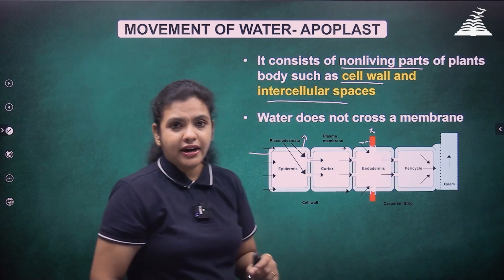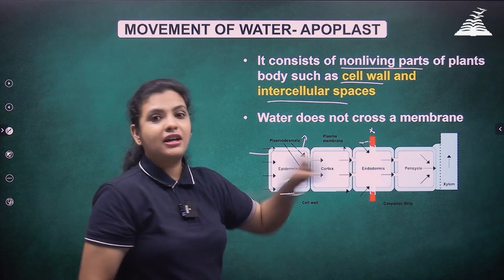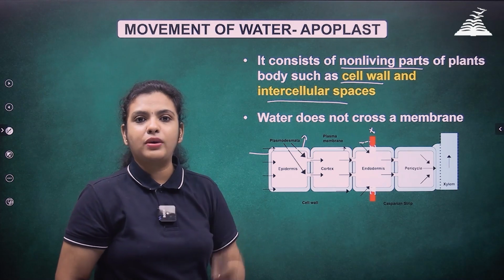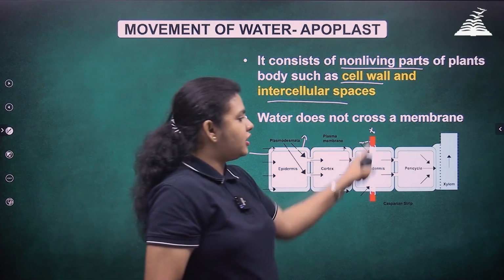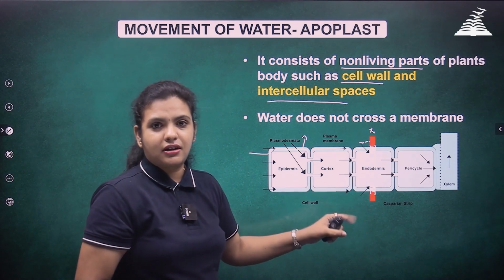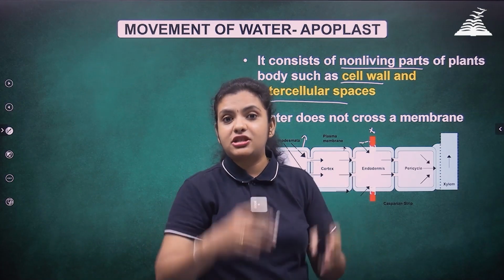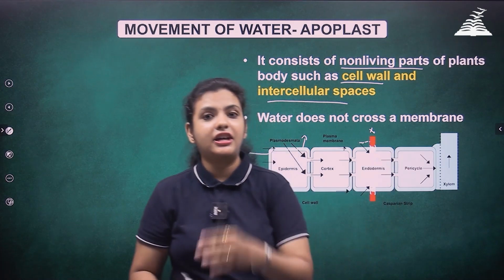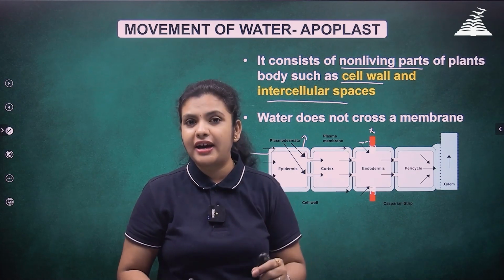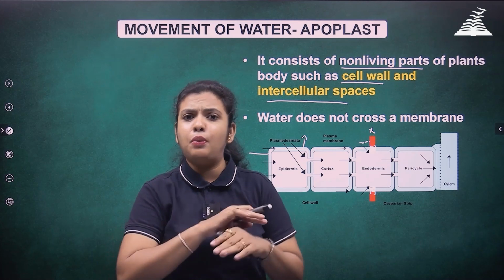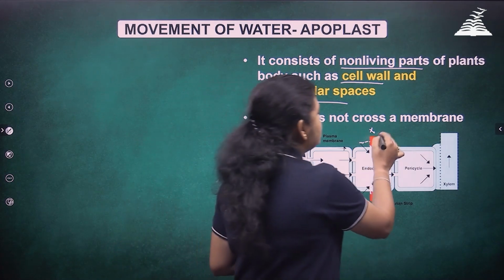No. Why? Because these are Casparian strips which are seen in the endodermis of the plant, right? What does this Casparian strip do? It does not allow the entry of water molecules. Why? Because it is going to have a waxy layer called suberin.